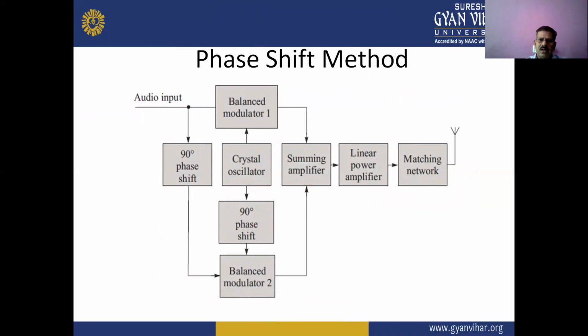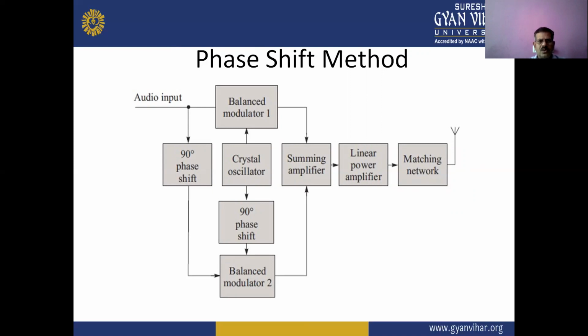Next one is the phase shift method for the generation of SSB. So this block diagram shows the phase shift method for SSB generation. There is also a 90-degree phase shift network used, that shifts the phase of the audio input signal by 90 degrees.